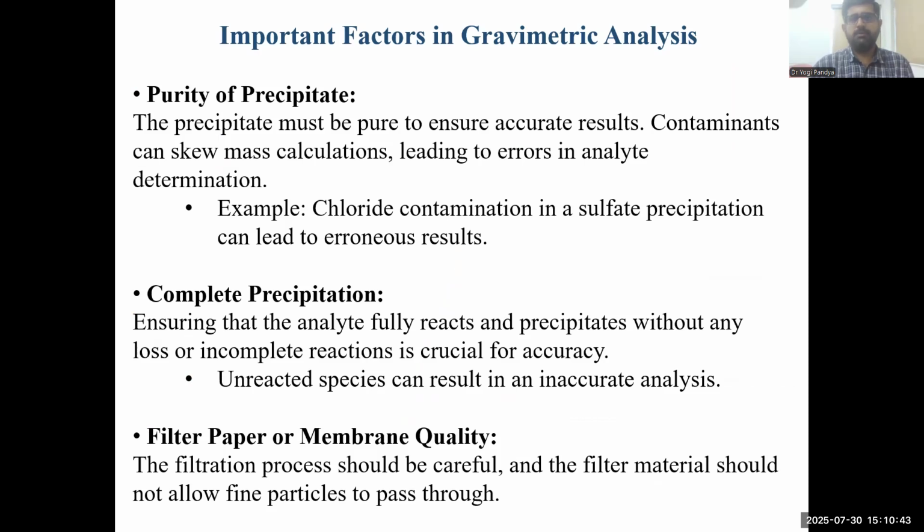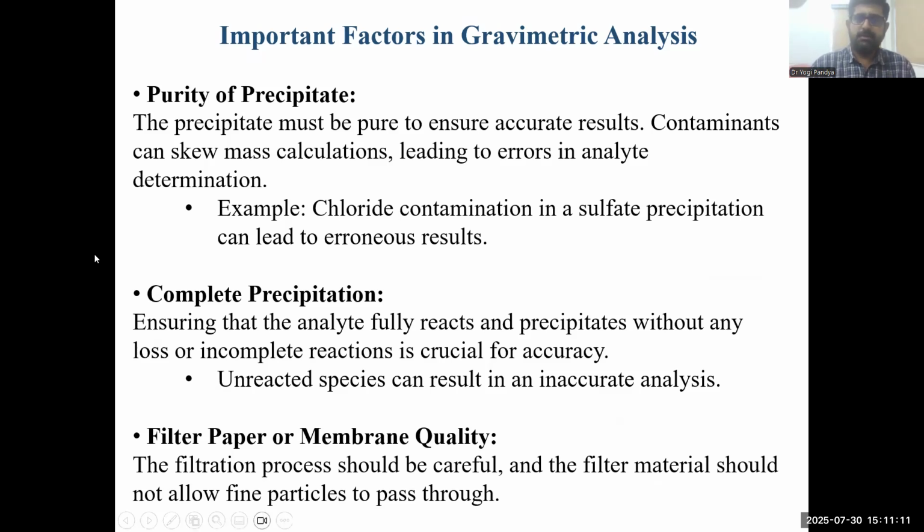Now, what are the important factors in gravimetric analysis? First of all, purity of precipitate is most important. During analysis, along with your main analyte, some other impurities or derivatives or byproducts also form precipitate, so that causes error in the analysis. Precipitate must be pure to get accurate results.